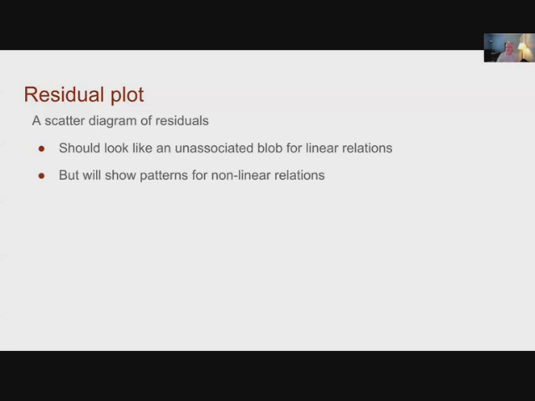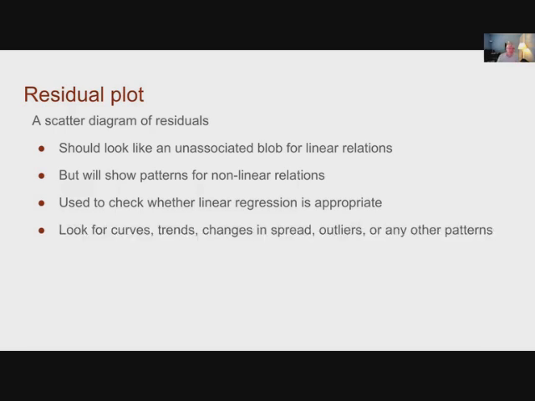The residuals aren't showing you any information that isn't there, but they show it in a format that makes it much easier to visually discern any patterns. We'll look at some examples that aren't perfectly linear to show you what those are. But this is a good sanity check to see whether the regression is appropriate or not.